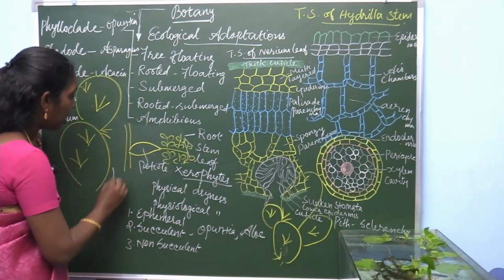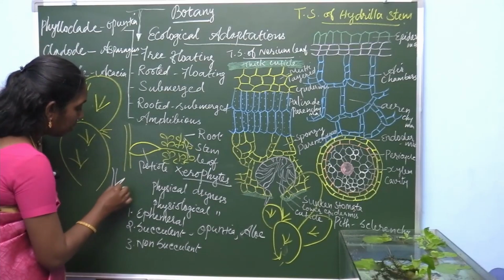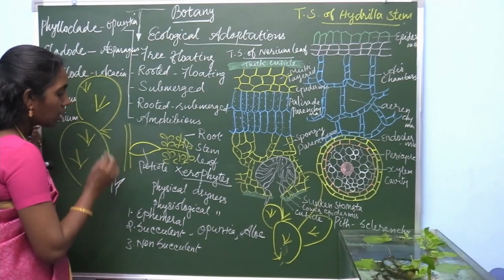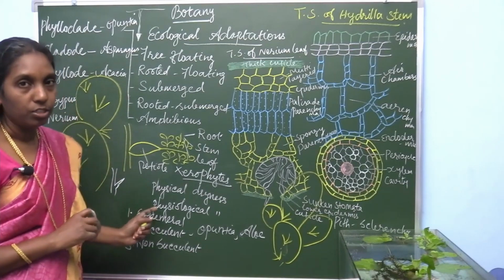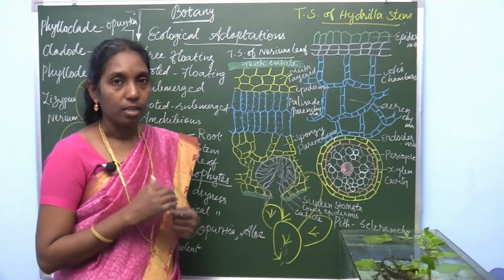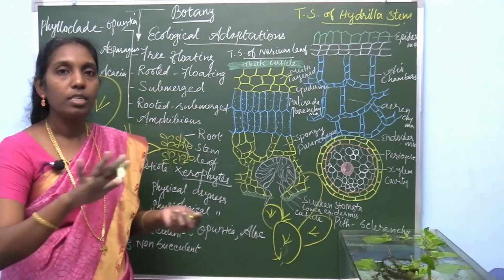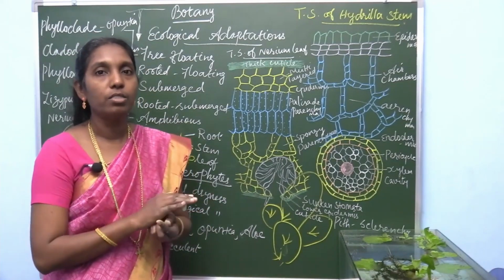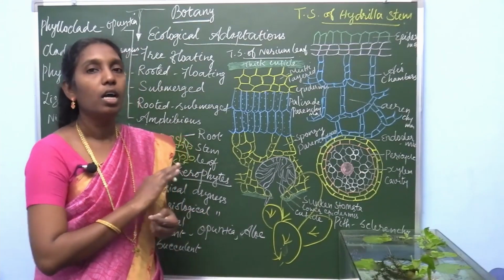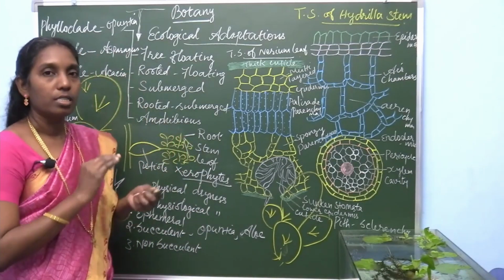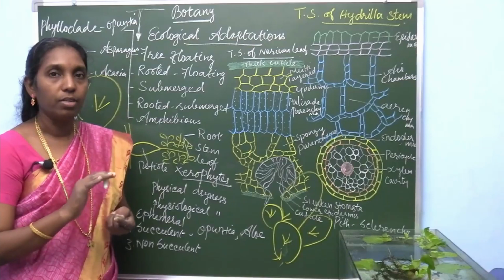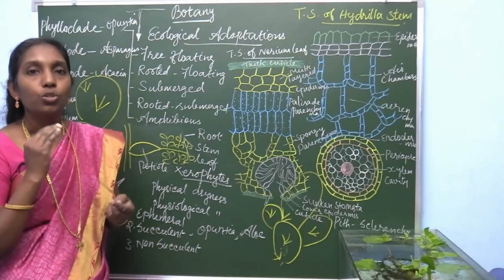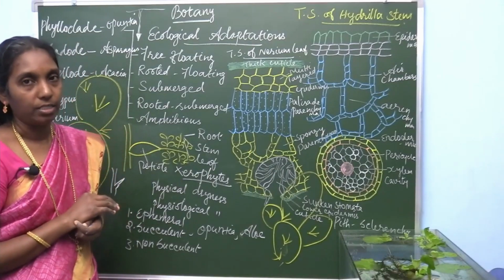Here, the stipules, this part, are modified into spines. In Zizyphus and Nerium also, the leaf part is reduced into either spines, or the entire body, stem and leaves, is covered with hair-like structures to reduce transpiration.